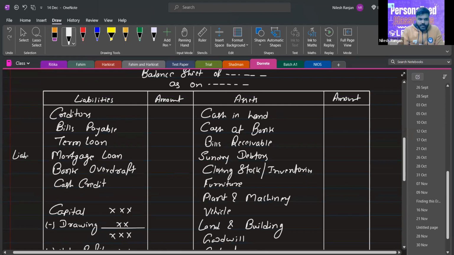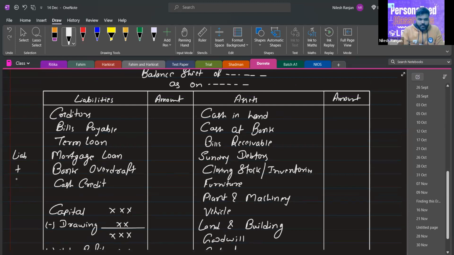First we have written liabilities, and then below we have written capital. And there are assets on this side. And I told you that both side totals will be equal. So that means liabilities plus capital equals assets. Yes or no? Yes. So this is our balance sheet format.